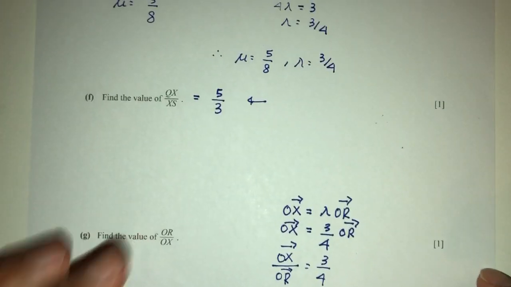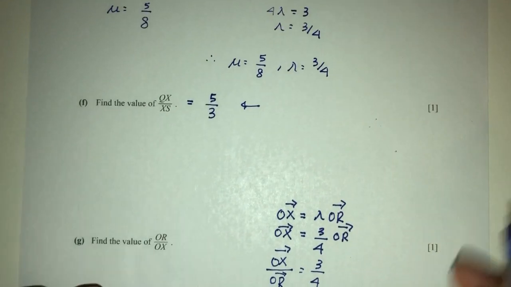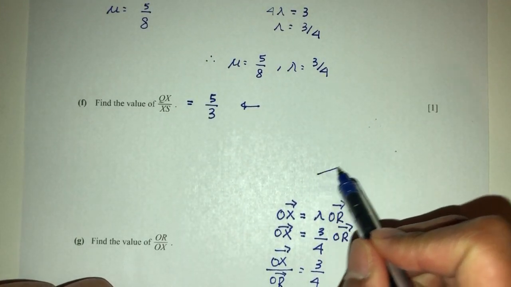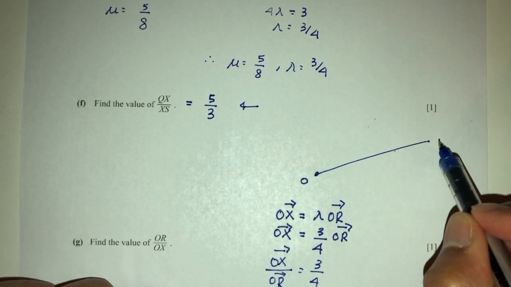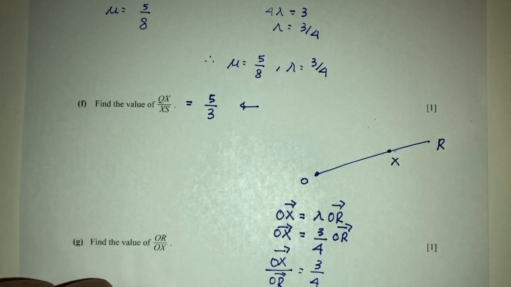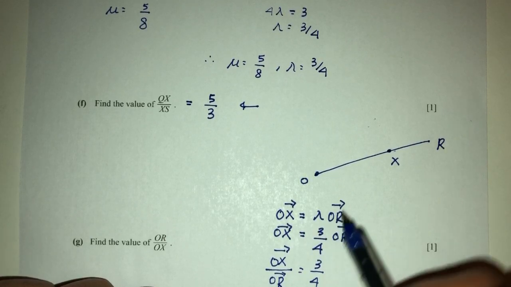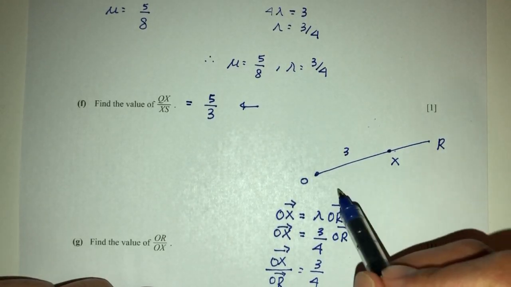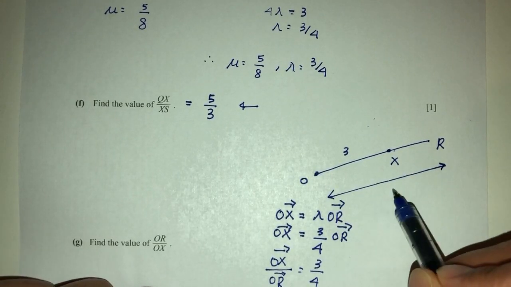But if you don't understand this, no worries. Let's make a drawing of that. Should be easy as well. So we have a straight line like this. This is O, and this is R, according to the diagram. Now we know that according to the equation, OX is 3, but we know that OR is 4.